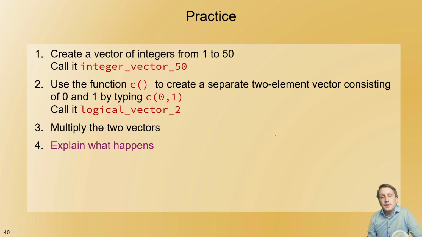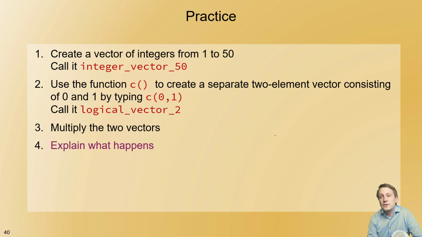Okay, time for another practice to work with. Please create a vector of integers ranging from 1 to 50. Call it integer_vector_50. Then use the function c, short for concatenate, to create a separate two-element vector of 0 and 1.